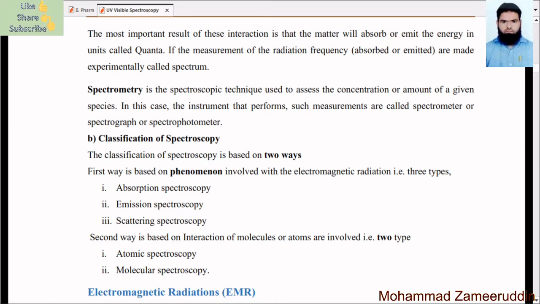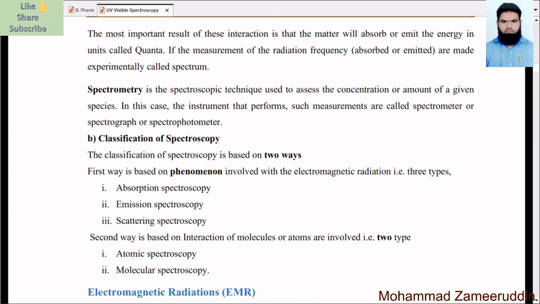It is a spectroscopic technique used to assess the concentration or amount of a given species. The instrument that performs such measurement is called a spectrometer, spectrograph or spectrophotometer.